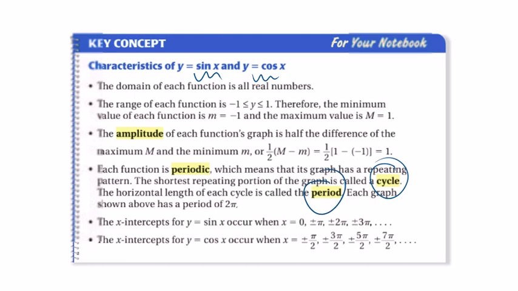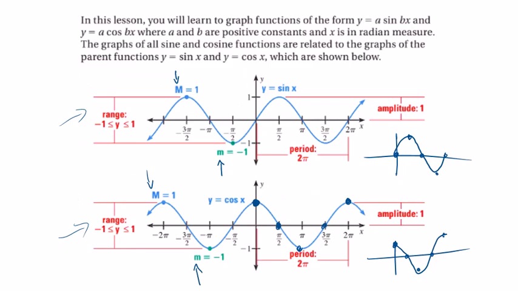That horizontal length is called the period, and for these two, the way they currently are, just plain sine of x and cosine of x, it is 2 pi. The x-intercepts for sine occur at these x values, and the x-intercepts for cosine occur at these values. Notice that they are not the exact same because they are shifted.